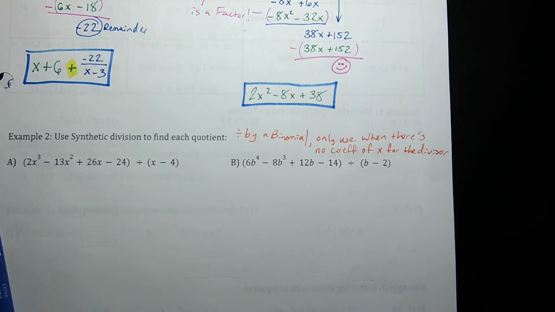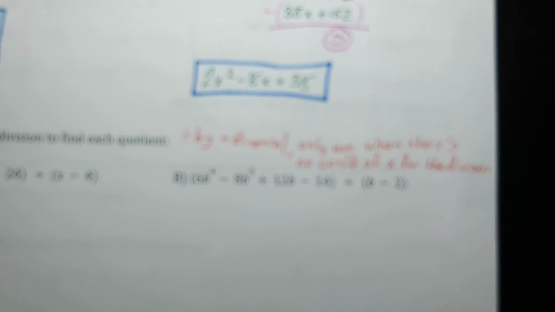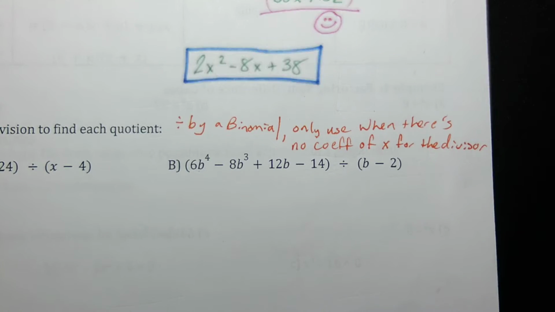So we use synthetic division when we are dividing by a binomial, and we can only use it when there's no coefficient of x for the divisor. So you will have to know both long and synthetic division, but the nice thing is for a lot of problems, you can use the opposite method to check yourself.